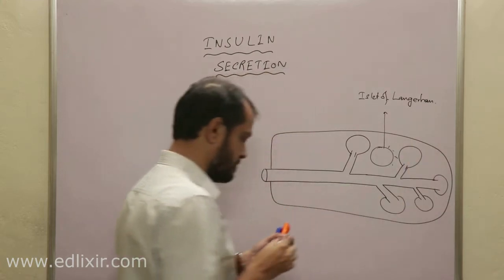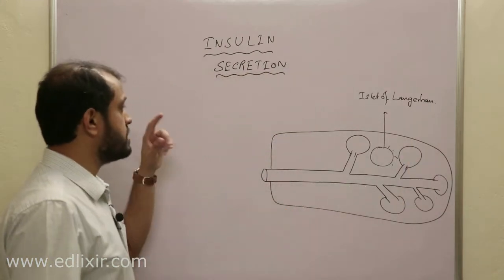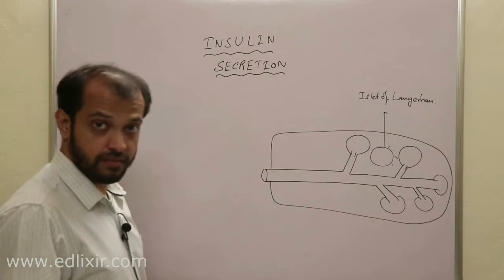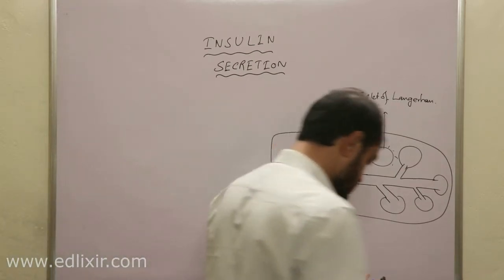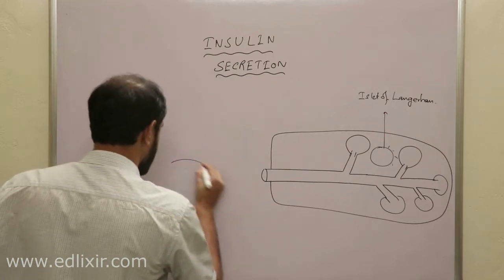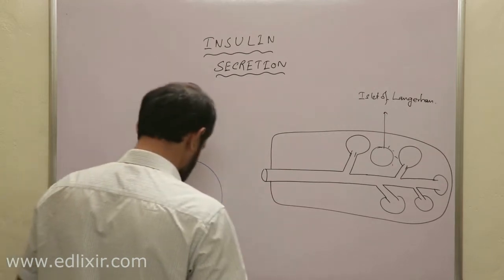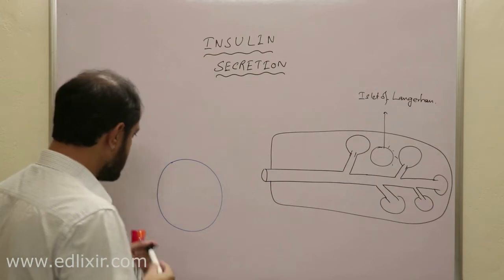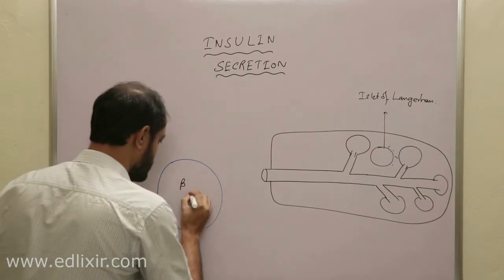Clear? Islet of Langerhans. Now, a very important point here: suppose this is your islet of Langerhans, and beta cells are present almost in the center.